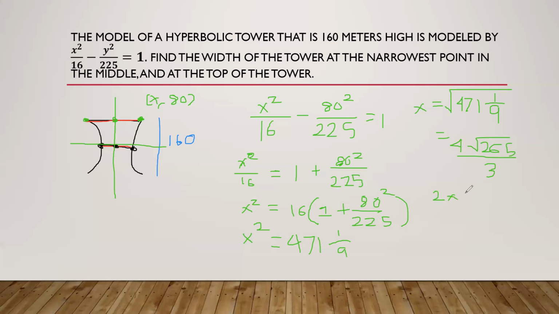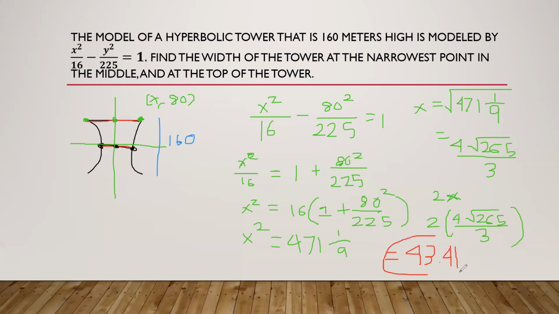So 2x, that's 2 times 4 square root of 265 over 3, which is roughly 43.41.